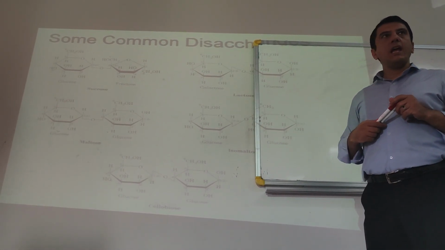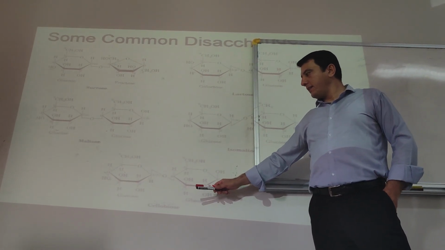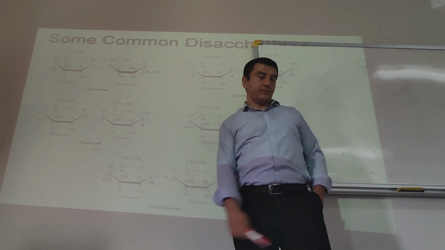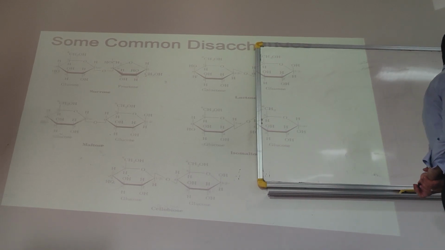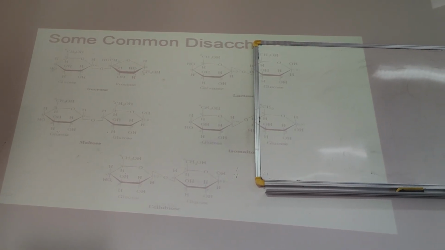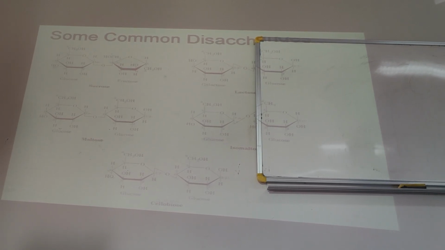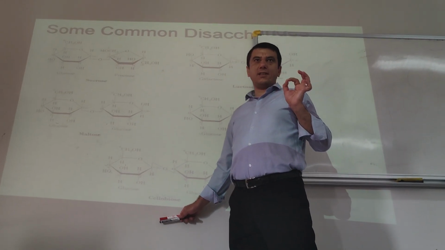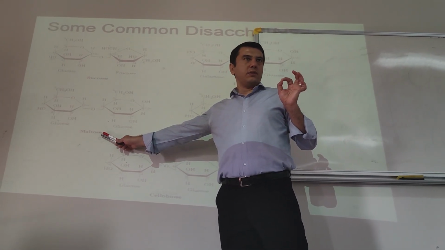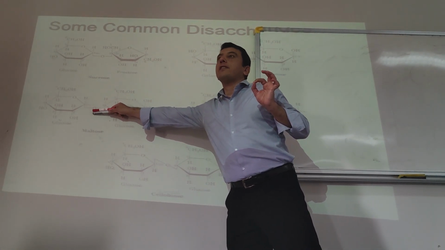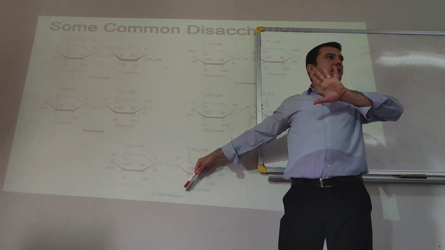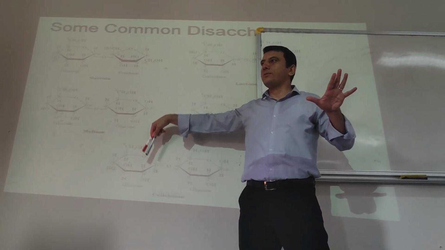So, what is the difference between cellulose and maltose? Alpha and beta. The only difference between cellulose and maltose is the type of linkage. There are no other differences between the two.